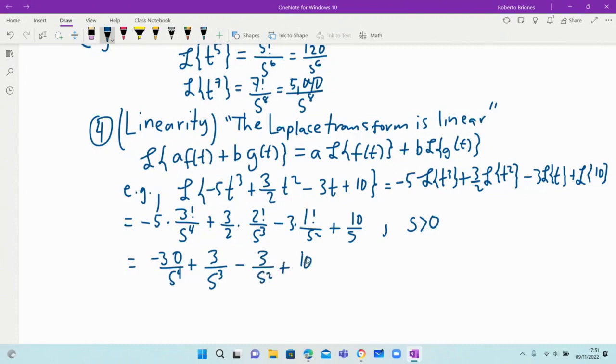And finally, the last term, we have 10 over s, where again, we assume that s is positive. And this is the Laplace transform of negative 5t cubed plus 3 over 2 t squared minus 3t plus 10.